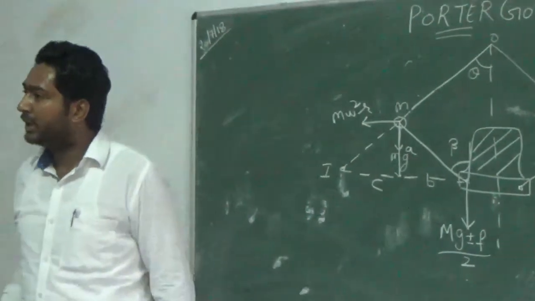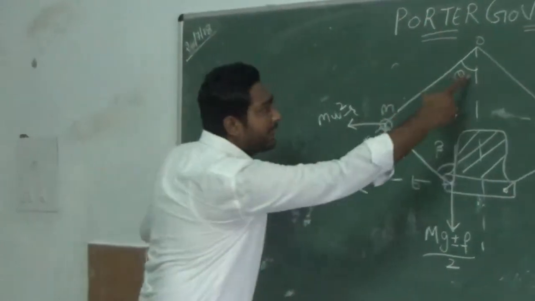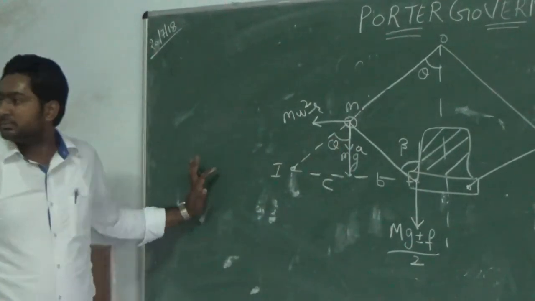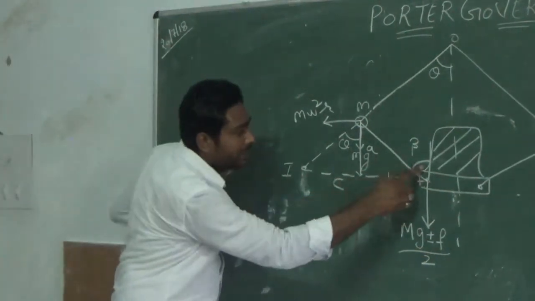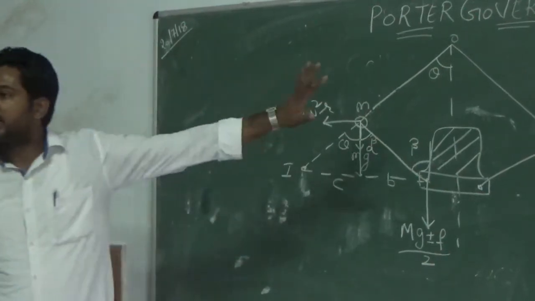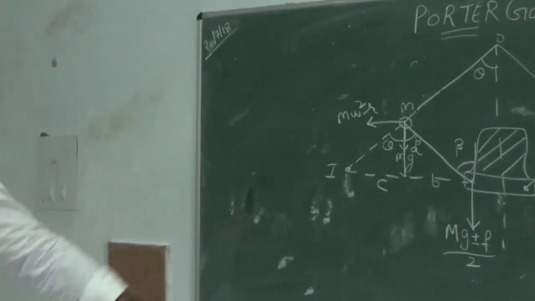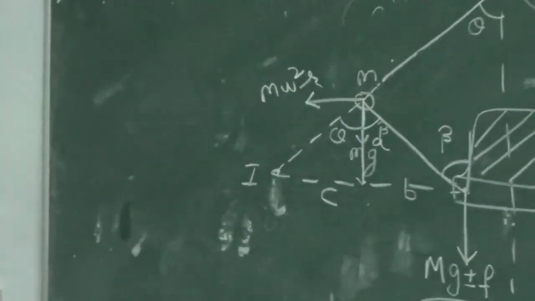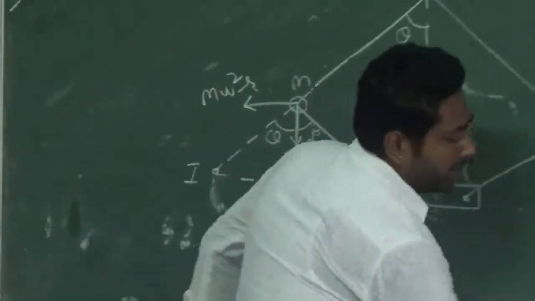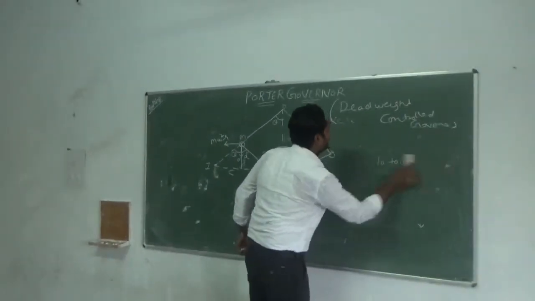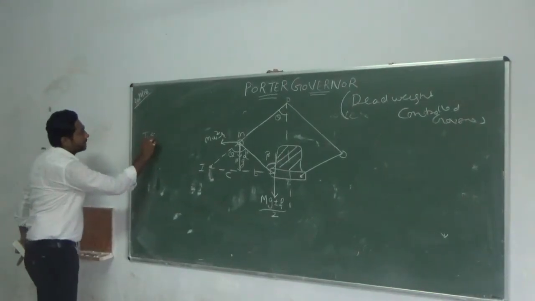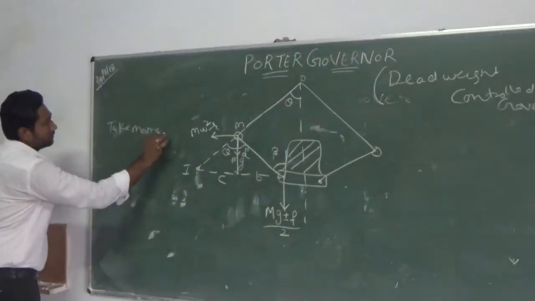If this angle is beta, this also is theta. Understand the diagram? Now, take moment about instantaneous center I.